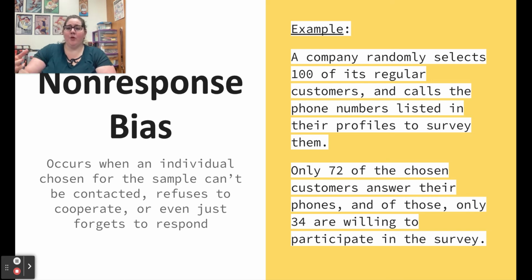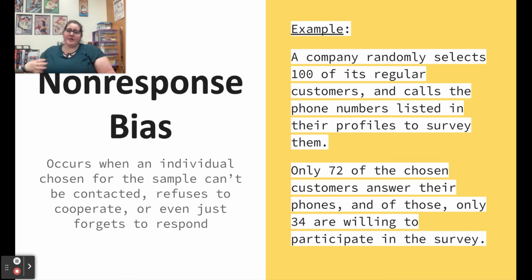The 34 people who had time to respond and who felt like responding to whatever the company was asking probably have very different opinions from the people who either weren't at home when they called, or didn't have time, or didn't feel like responding. So we're missing out on part of that population because we are only hearing from the people who want to respond.